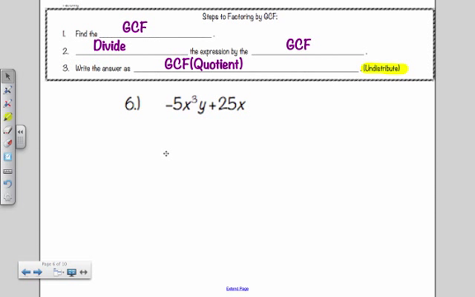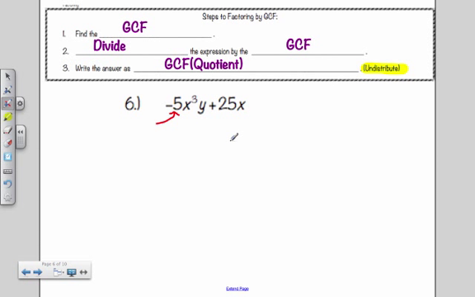So step number 1 in question number 6 is to find the GCF. So the first thing you're going to look at are your coefficients. So your coefficients are -5 and 25. So you're going to look at your coefficients and decide what is the greatest common factor of -5 and 25. Here's where it gets a little tricky, and that's because the leading coefficient is negative.